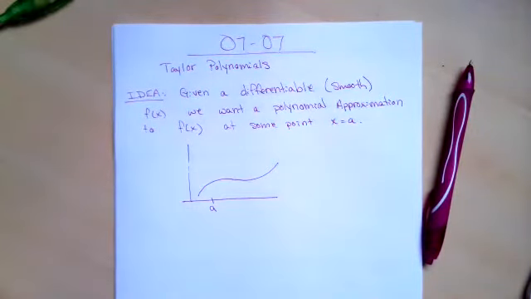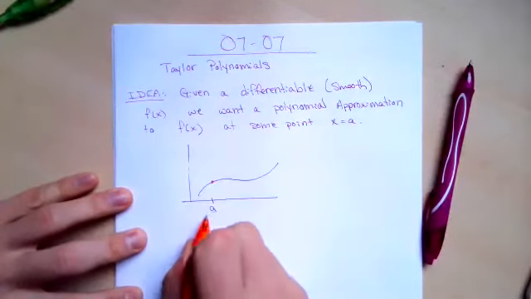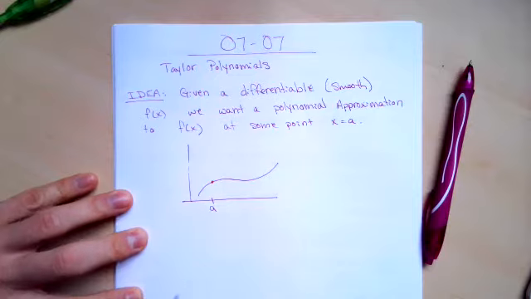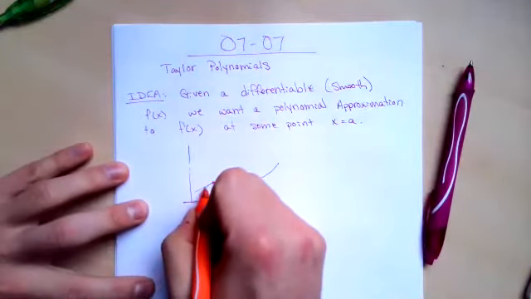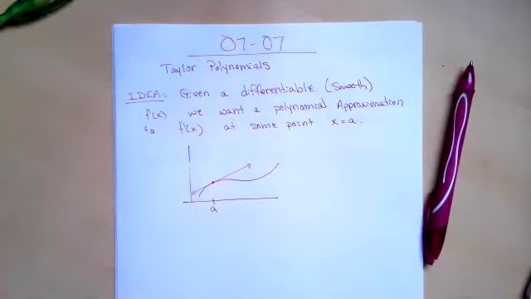Like natural logs or any trig functions. The actual values are hard to compute, so what we want to do instead is we'll pick some nice value that we can compute of the function, which is usually our a, our starting point, and we can come up with a tangent line.